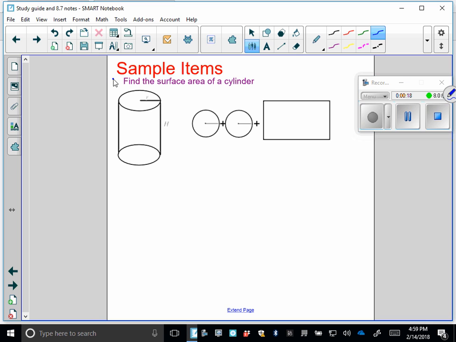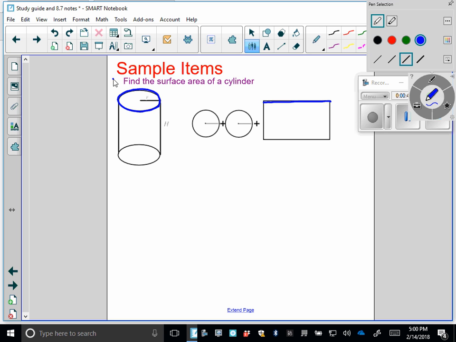Here you have a cylinder, and we talked in class about unwrapping the paper that would go around a water bottle or a cylinder, and when you unwrap that, you have the circumference here that unwraps to be the distance here.